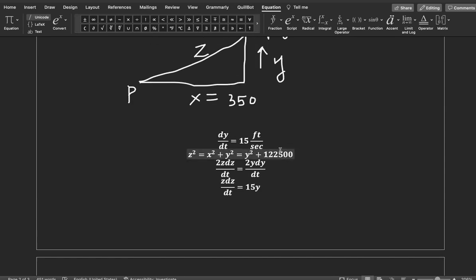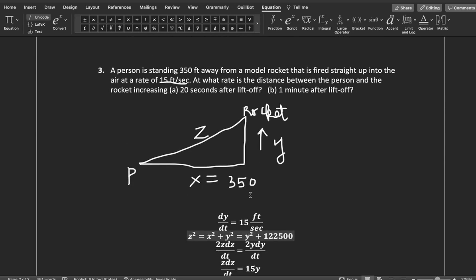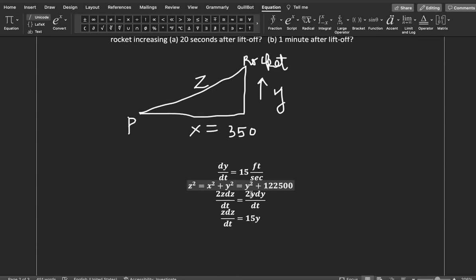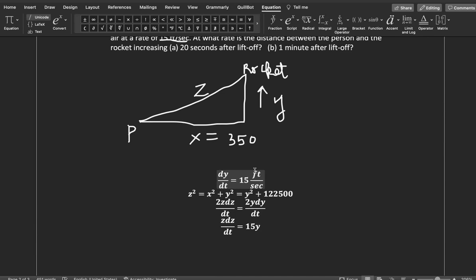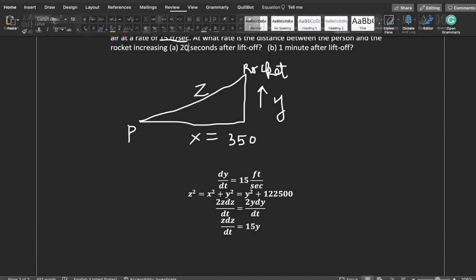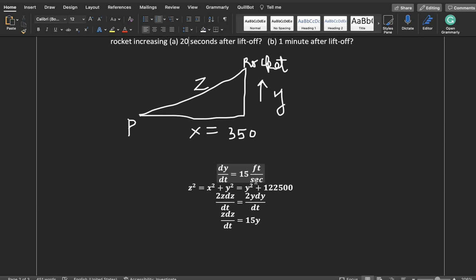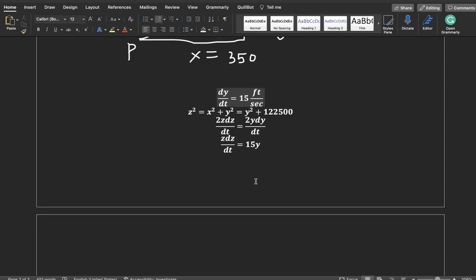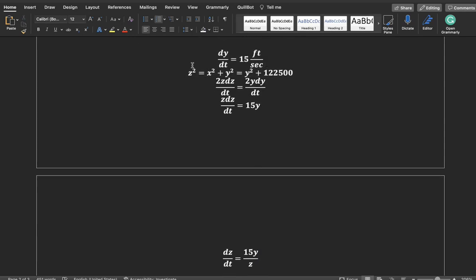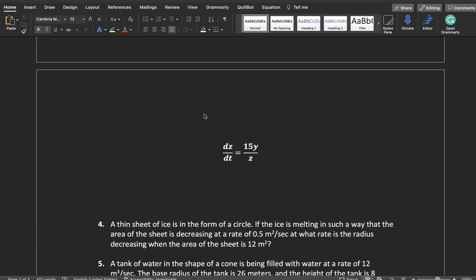So all we would need to do is find the value of y at 15 seconds, right? After 20 seconds, you just multiply the 15 by 20, you get the value of y at 20 seconds. And then you can get the value of z at 20 seconds, right?